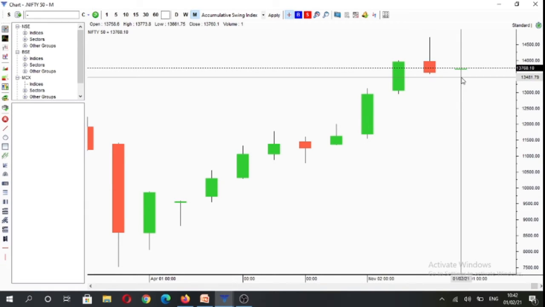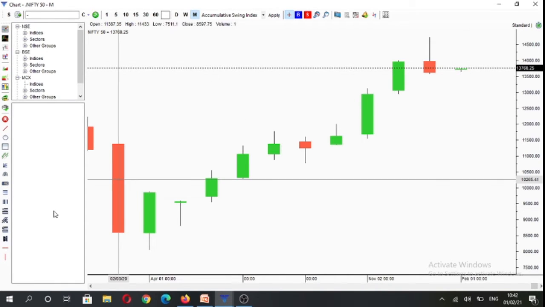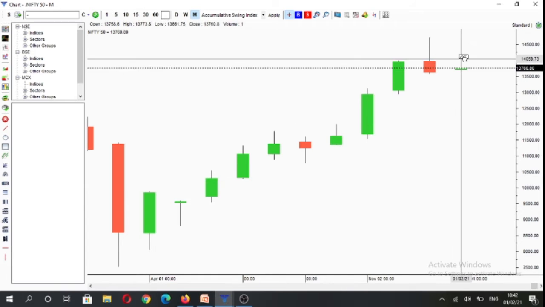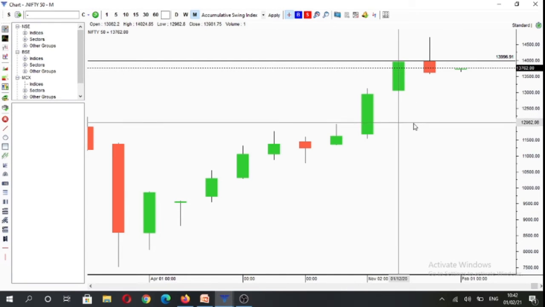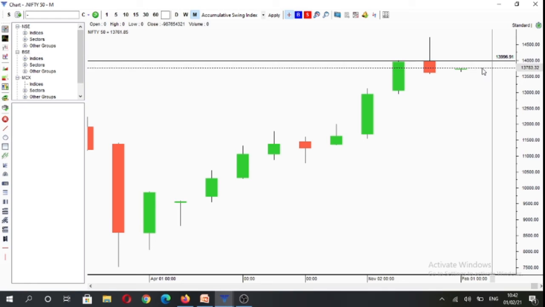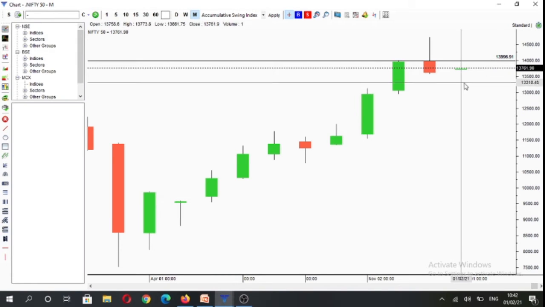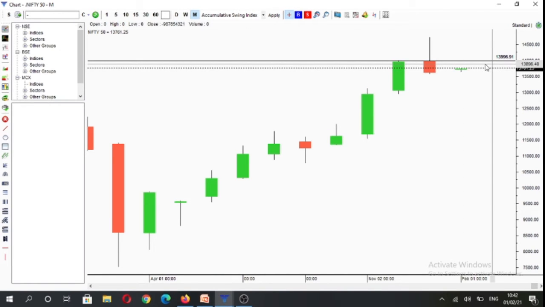So above 13,758 we would be under control of buyers on the monthly time frame. However, you have to remember that the current yearly open as well as the quarterly open is at 13,996. So we need to trade above 13,996 to get full time frame continuity to the upside on all the time frames.